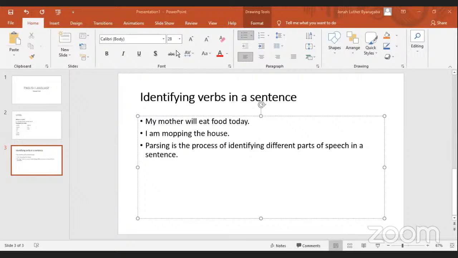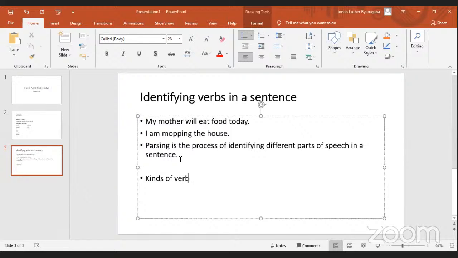You get to know that in this sentence, this word is working as a verb, this one is working as a noun, this one is working as an adjective. It will help you get better with your spoken English in class, and everybody will appreciate you. So let's get to one important thing as we proceed: kinds of verbs.